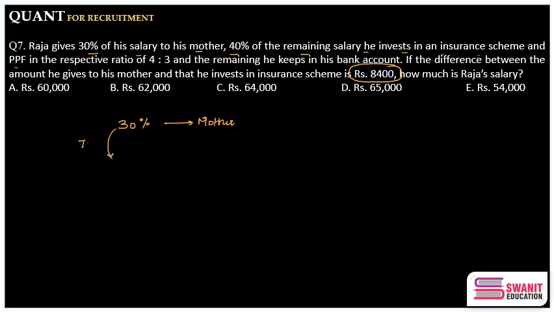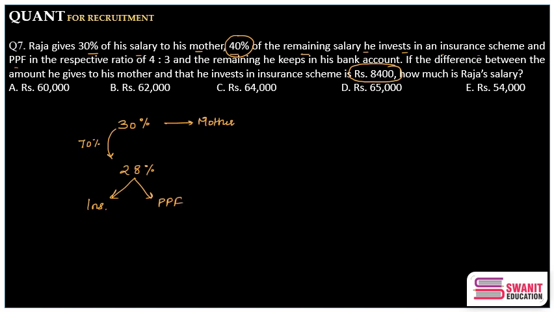It is 70% of his salary. But the question says 40% of the remaining. That means if we calculate 40% of 70%, it will be 28% of his total salary. So he invests 28% of his total salary into insurance and PPF.